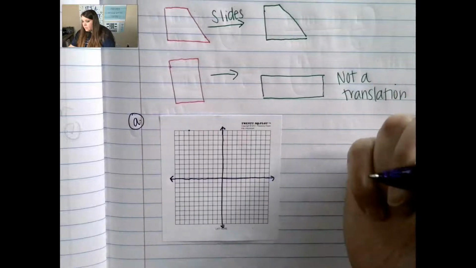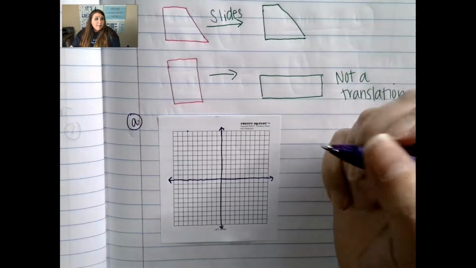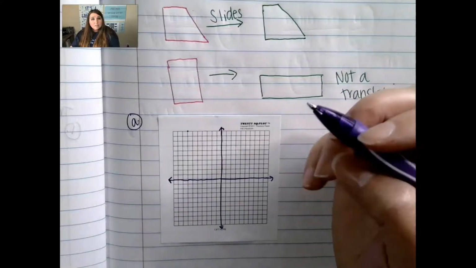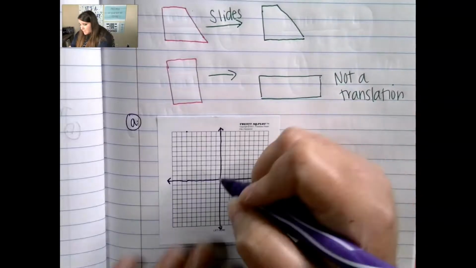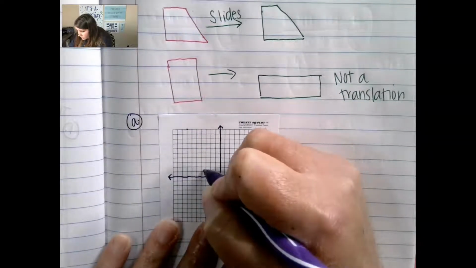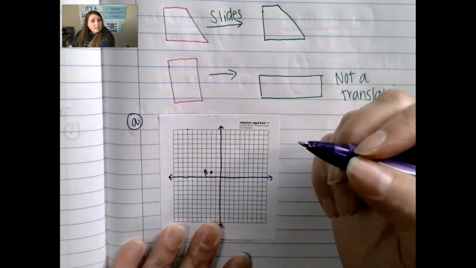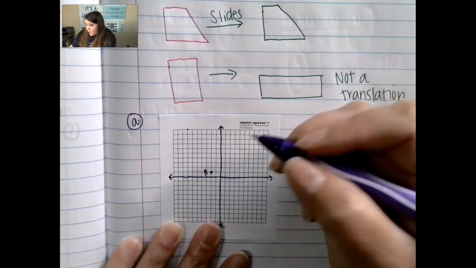All right. So on our sticky note, we are going to have a figure that has 3 points. So it's a triangle. Our first point is at -2, 1. I'm going to go over to -2 and up to 1. That is point A. My second point B is at 2, 5.